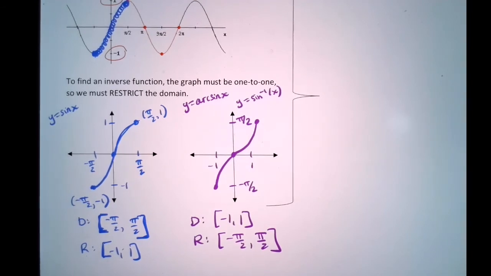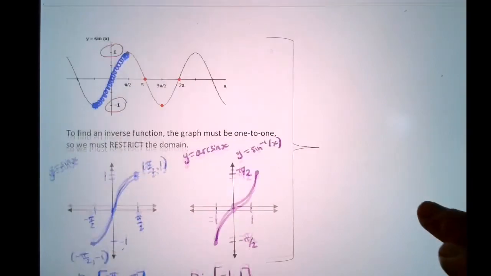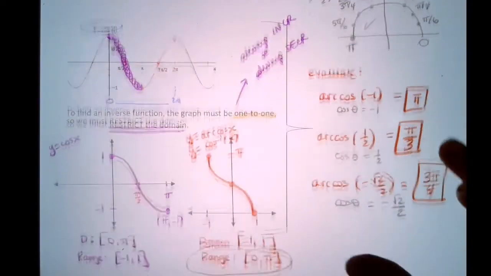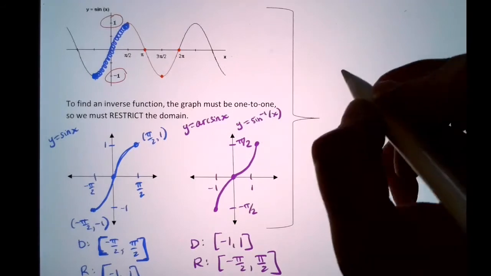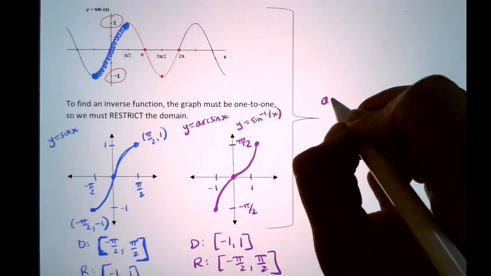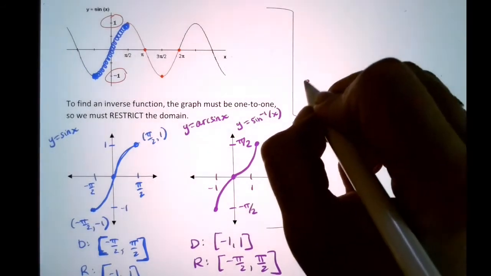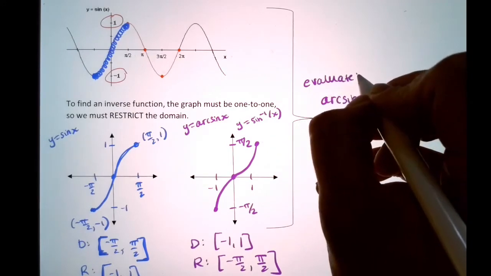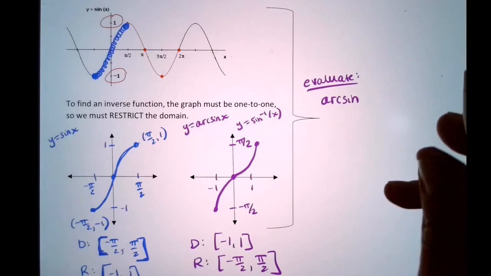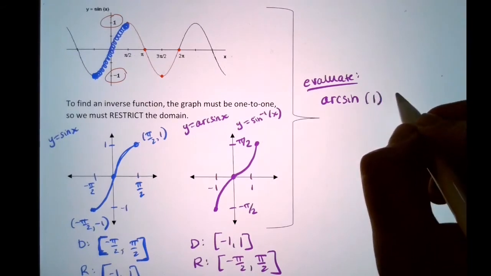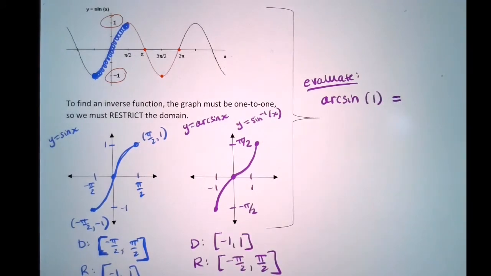Okay, so we're going to evaluate some of these. And so I'll do the same thing I did before. We'll just do some evaluations with arc sine. Okay, so let's try to evaluate arc sine of 1.